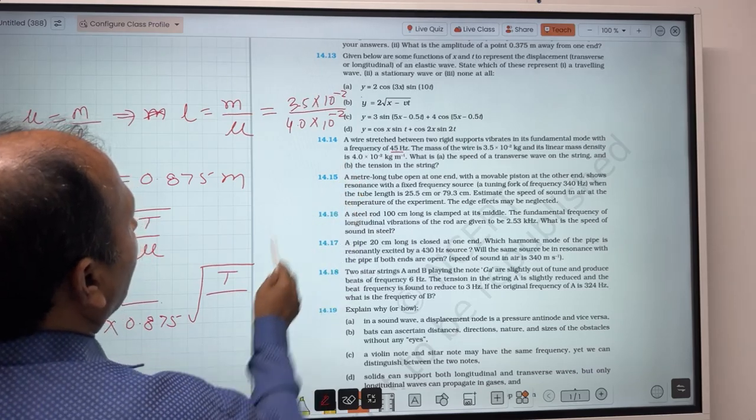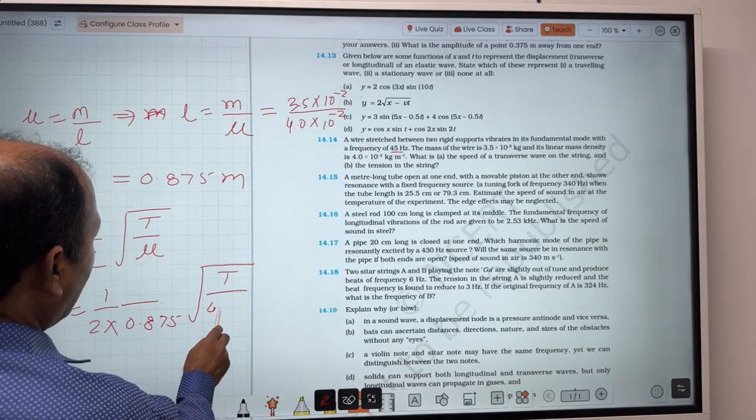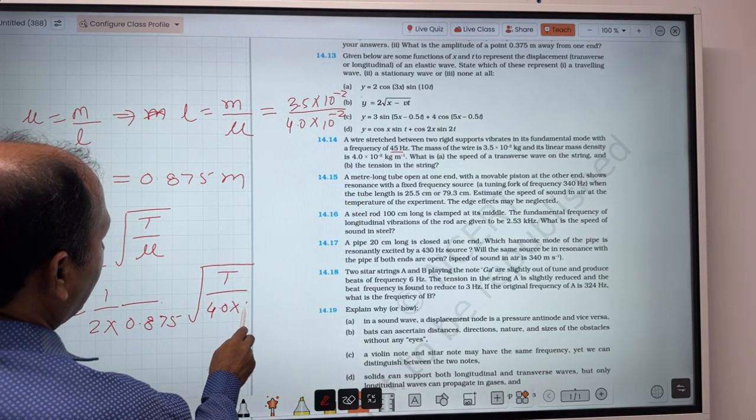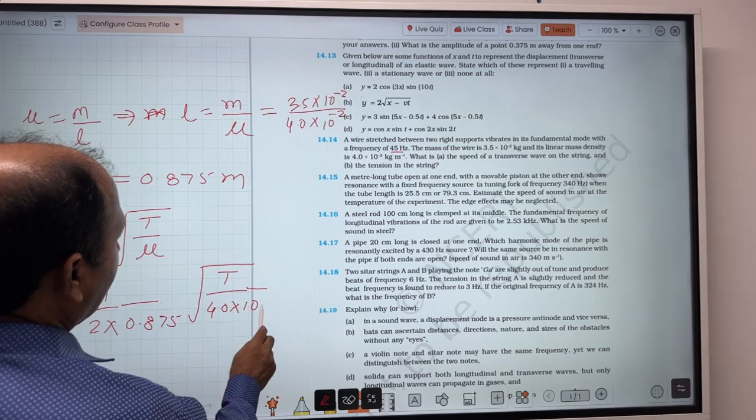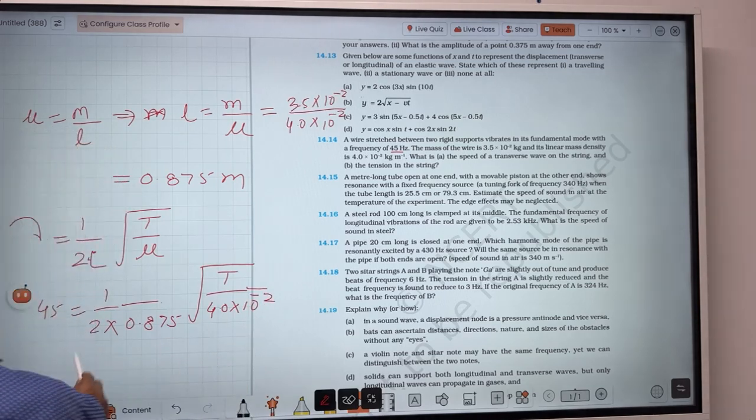The value of mu is given, that is 4.0 × 10^-2, and we can square and simplify to get the value of T. So let's simplify it. This will come out to be 248 Newton. So there is no problem.